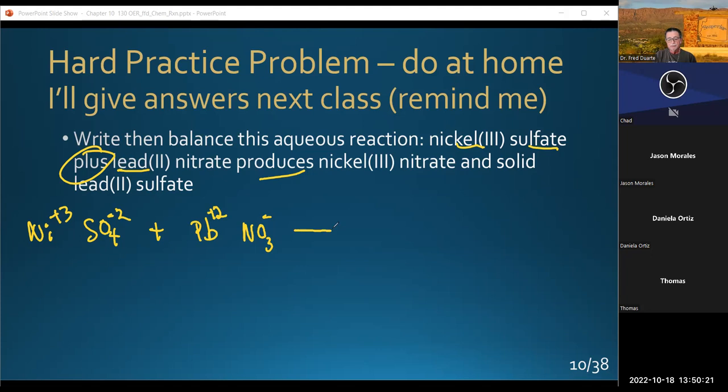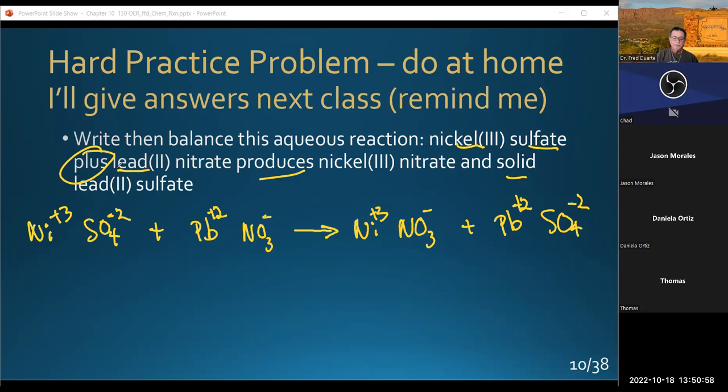Produces, which is our arrow, okay, nickel 3 nitrate, same nickel we had in the beginning, but let's keep them in ionic form, plus the nitrate, okay, plus solid lead 2, same lead 2 we started off with, but now it's been partnered up with the other species, which is sulfate, and it's solid.